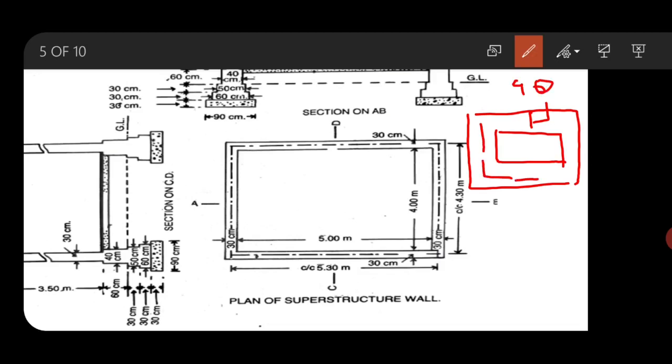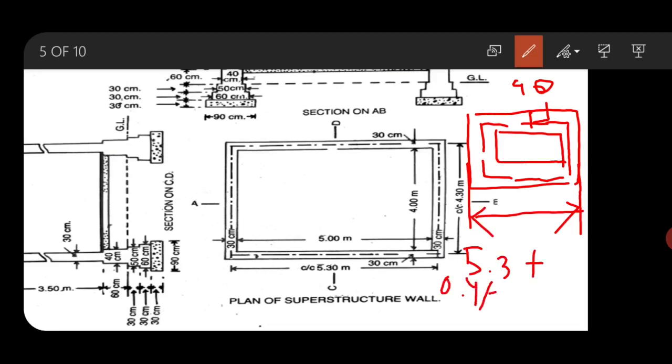This one is the center line length, which is the same for all the sides, for all the items of wall. So in order to get the out to out dimension, this will also be equal to center length plus half of the width on one side plus half of the width on another side.